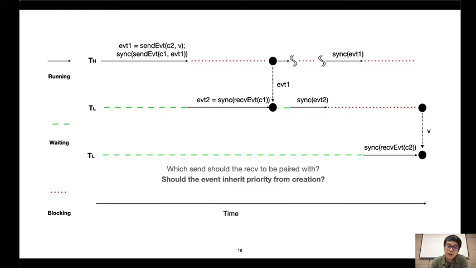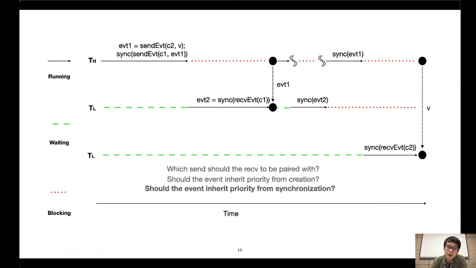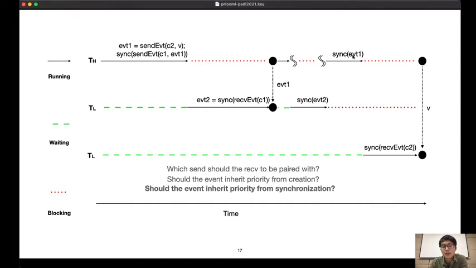And another option is, should the event priority inherit from the synchronization? If we look at EBT1, the thread that synchronizes on this EBT1 is a high priority thread.